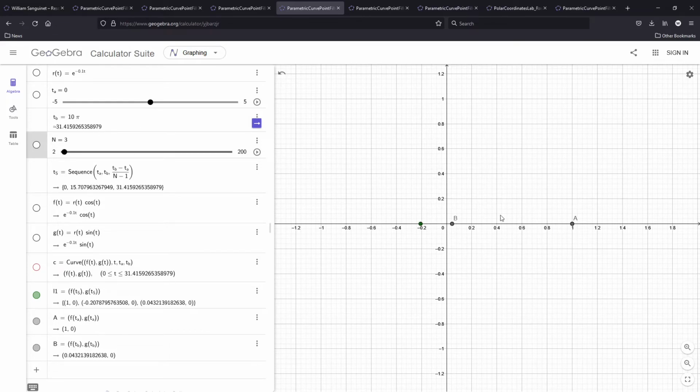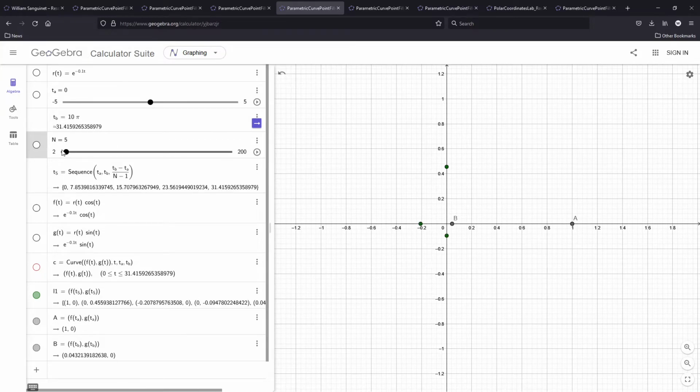When you get 3 points, you get an additional point right here. When you cut up the interval into 4 points, you get these 4 points, and so on and so forth. As you keep adding more and more points to this curve, you do start to slowly see this spiral take shape.